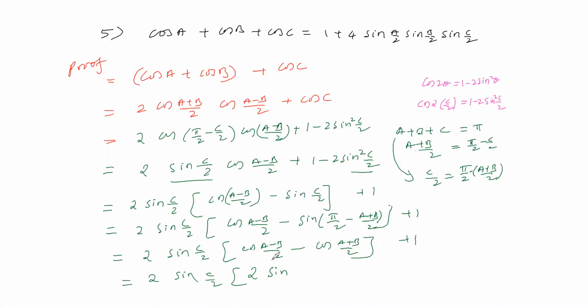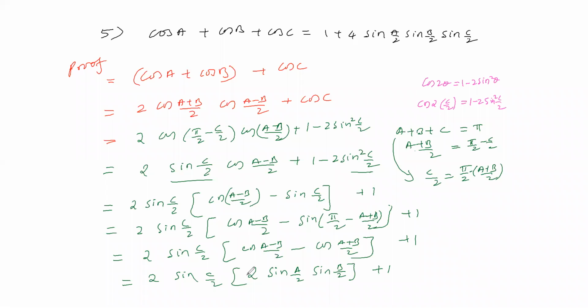2 sin((A plus B) by 2) into sin((A minus B) by 2). So A by 2 plus A by 2 we are getting, and sin((A minus B) by 2). The A by 2 cancels, B by 2 and B by 2 remain, so B by 2 plus 1.